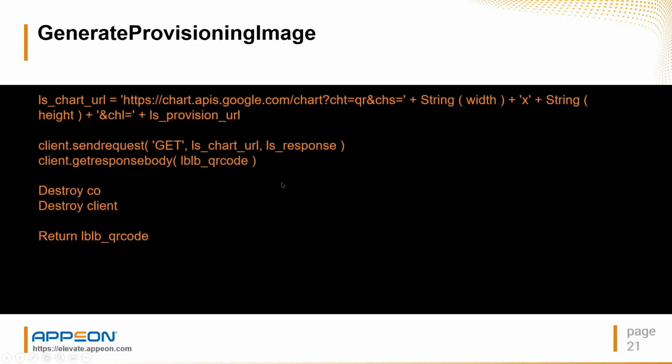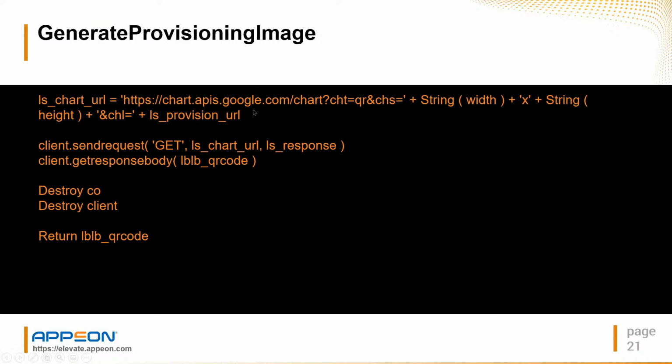We are then going to use, in this case, a Google REST web service to generate the QR code. So I'm using the HTTP client, and the way you do this with Google is you take this string here, which says I want to create a chart. The chart type I want to create is QR code. This is the size I want, and this is the string I want to convert into a QR code.